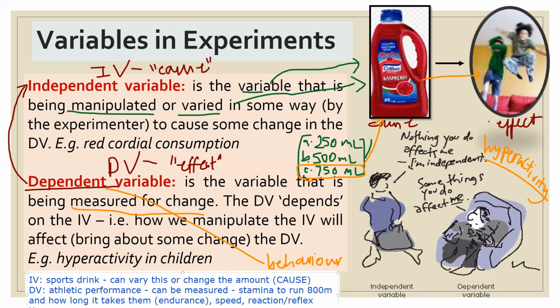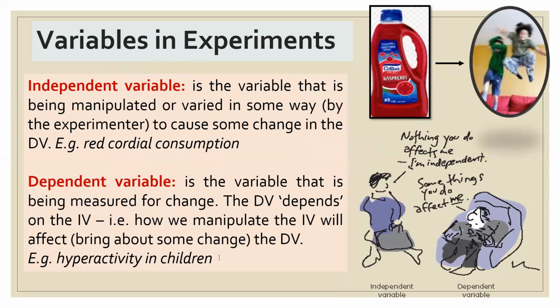I haven't mentioned any kind of sample or population here, but I've just given you 2 variables. So can everyone take a guess? What is the IV there and what is the DV? And then we'll just open up another box here and write our answers.